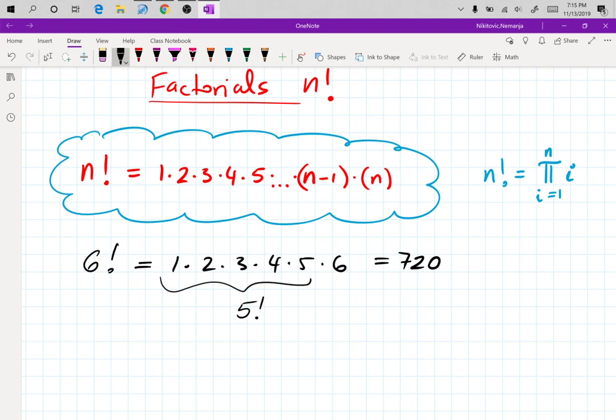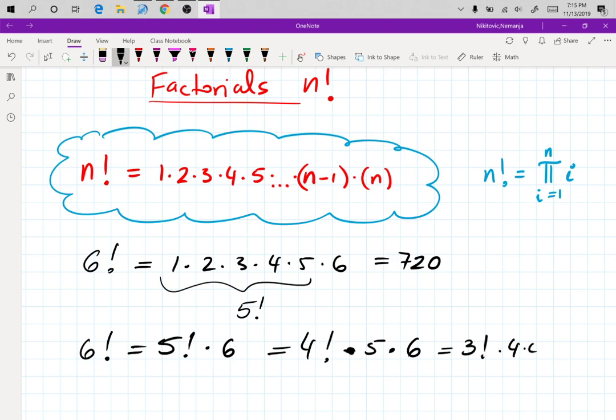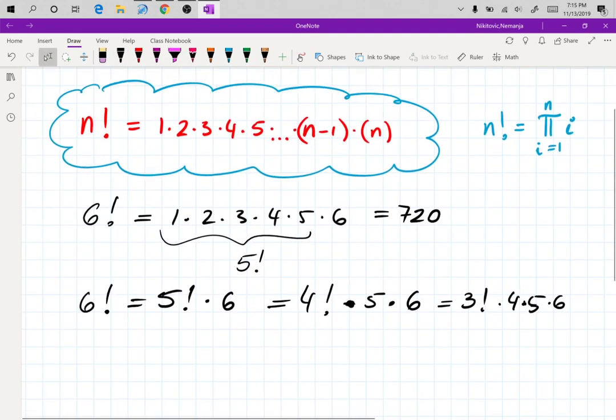So we can write 6 factorial as 5 factorial times 6. We can also write it as 4 factorial times 5 times 6, which is times 30, and 3 factorial times 4 times 5 times 6. So you can break them up in any way.